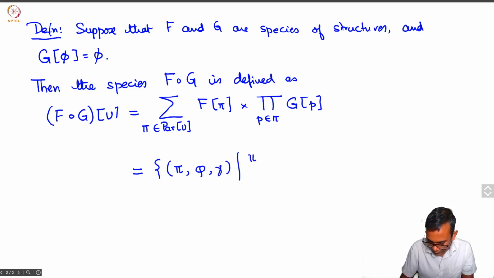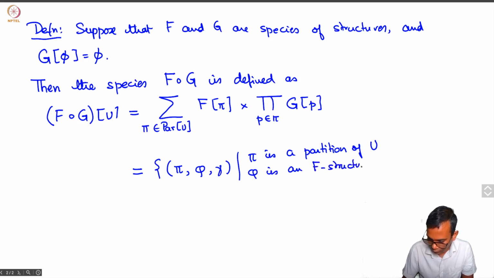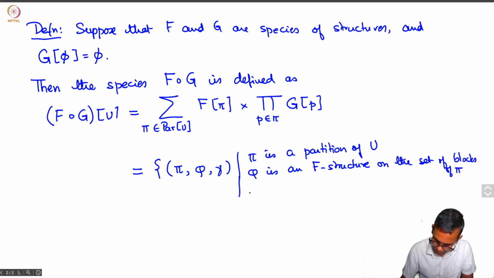So pi is a partition of U, phi is an F structure on the set of blocks of pi, and gamma is gamma P, P in pi, where these are the blocks. Gamma P is a G structure on P.